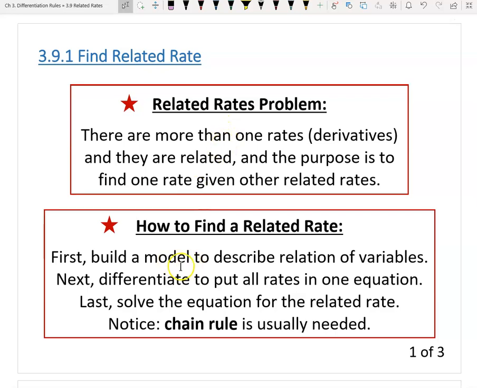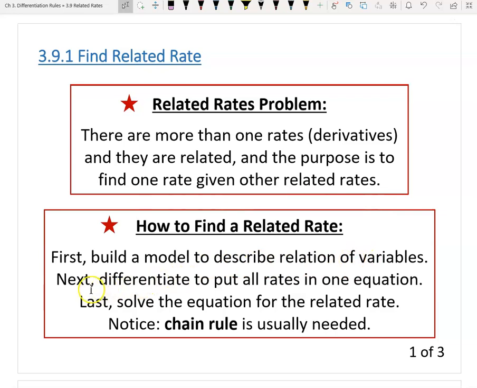So here is a summary of the basic steps we can use to find the related rates. We have three steps. First, we need to build a model, or an equation, to describe the relationships between the variables. Because we have more than one variable, we put all the variables together.